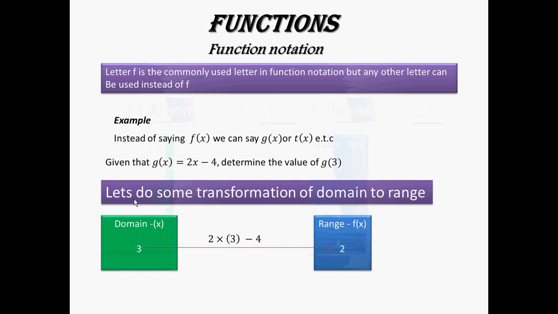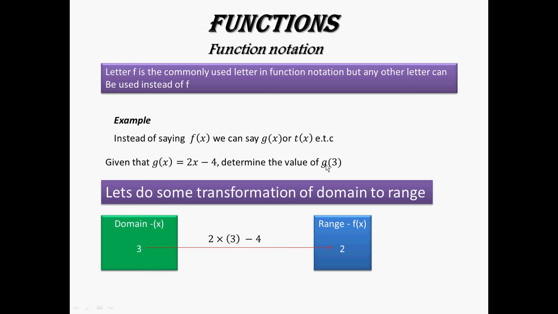The letter f is the commonly used letter in function notation, but we can use any other letter instead of f. For example, instead of saying f of x, we can say g of x or t of x and so forth. Let's look at g of x is equal to 2x minus 4. Determine the value of g of 3.